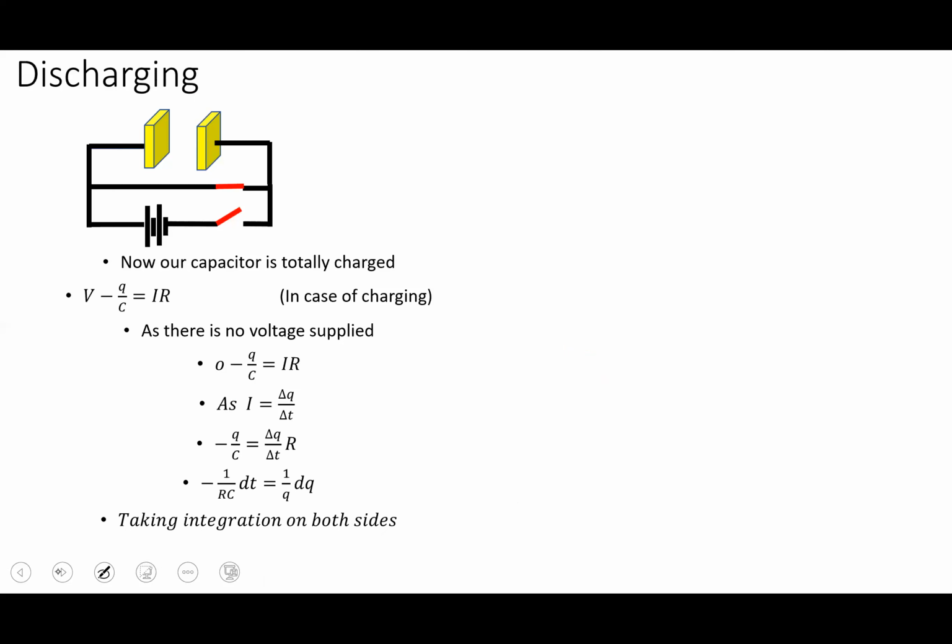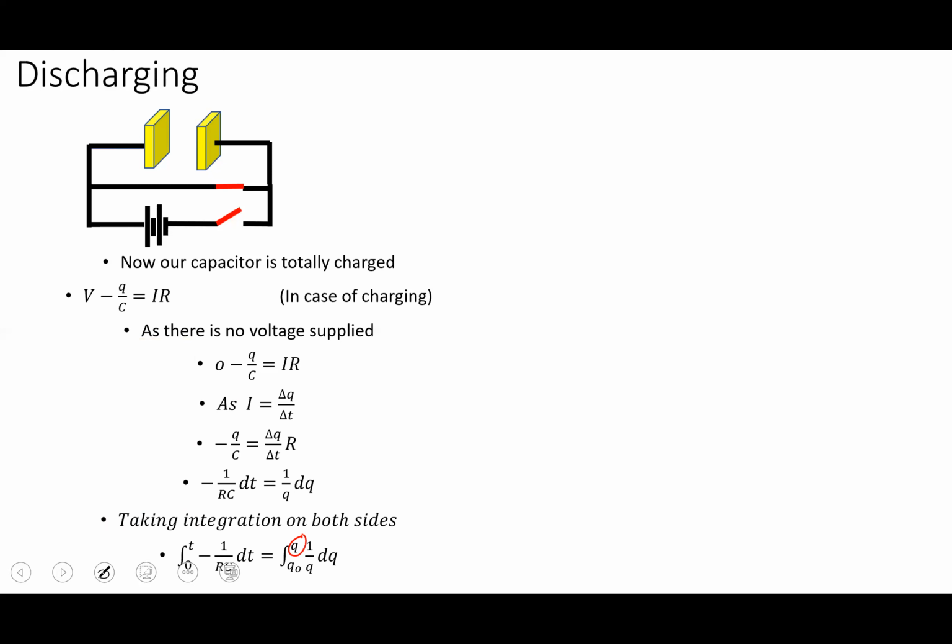Taking the integral on both sides to sum this whole thing up, what do we get? Integral from time is equal to 0 to time t, anytime, minus 1 over RC dt is equal to, from when there was maximum charge Q naught, the starting of the experiment, to when there was a little bit of charge left at the end, which is Q. It can be any charge present inside the capacitor.